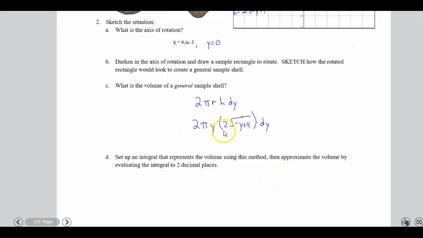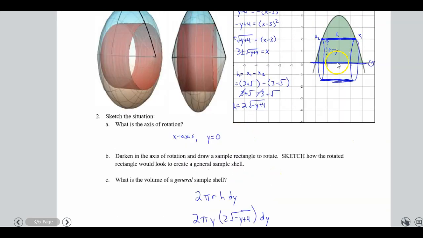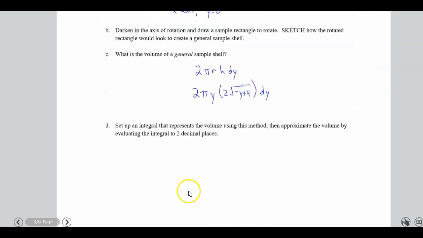And then we'll go and integrate that. It looks like the y's are going to go from down here at 0 all the way up here to 4. So just run your y's, since that's our variable this time, from the bottom to the top, 0 to 4. And put that in. So we got 2 pi y times 2 times that square root of negative y plus 4.